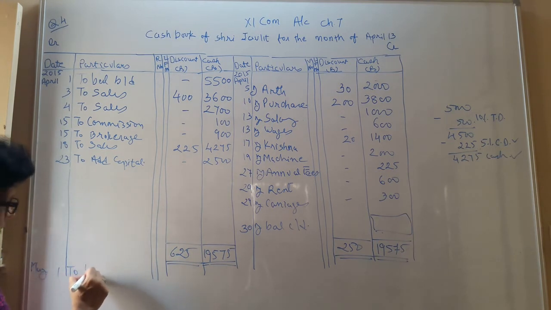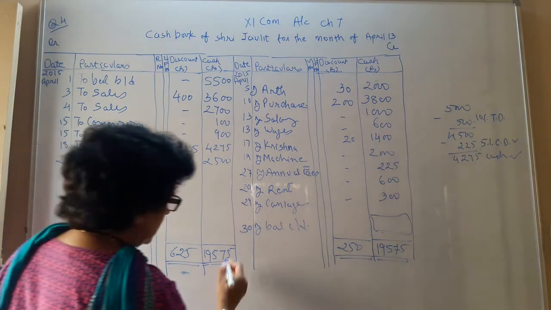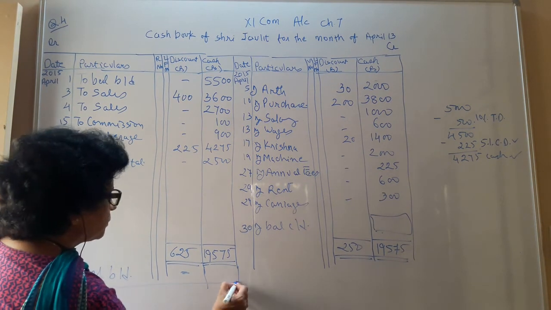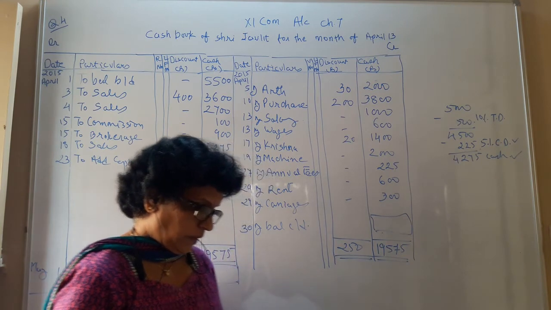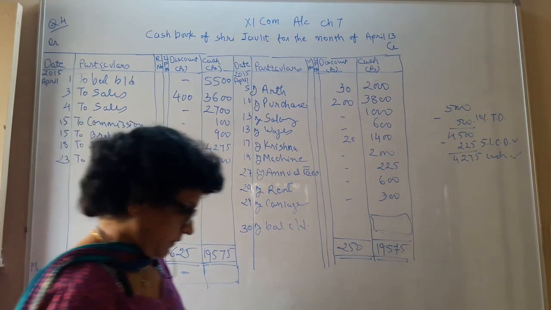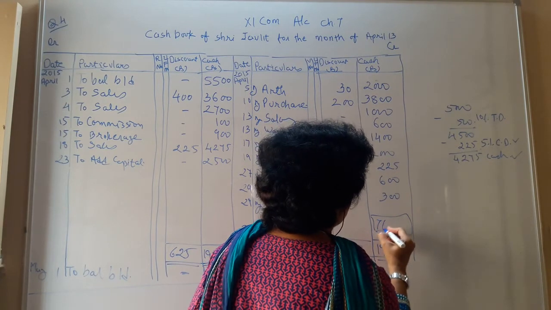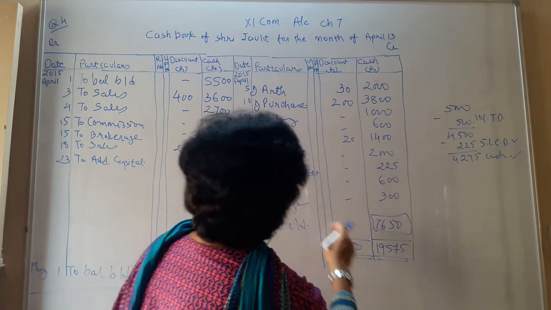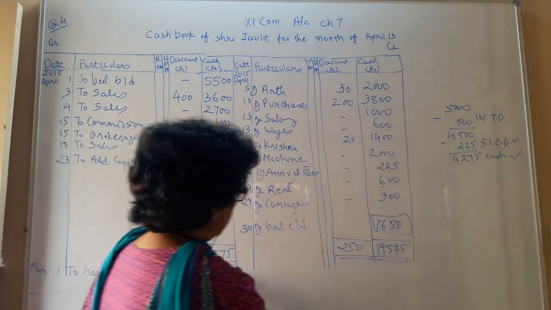First, that is balance brought down. No balance of discount, we only write it for the cash column. Is it clear? The difference of your balance is going to be 7650. When you subtract all these figures, you will get the difference 7650. The total of this is 19,575.